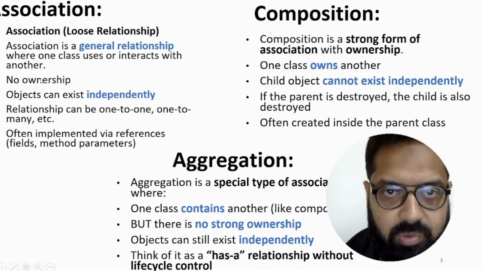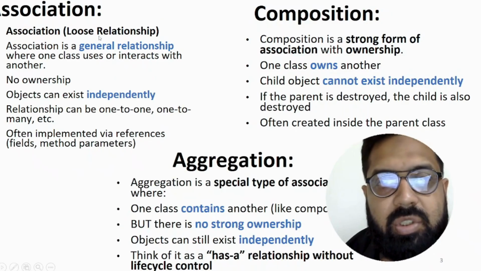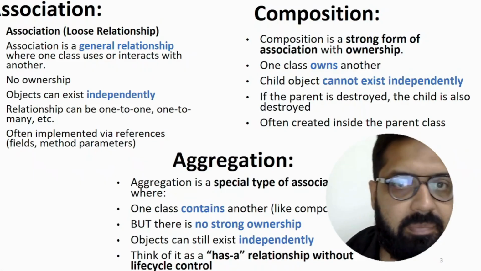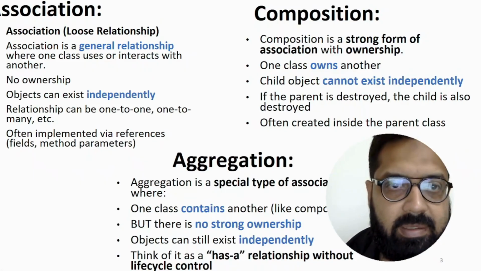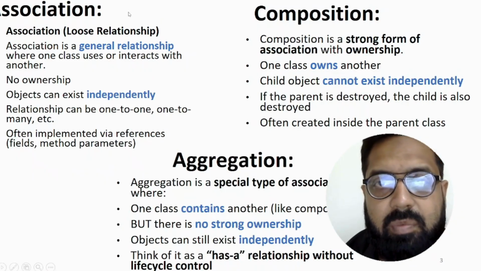So first, association is basically the first type of has-a relationship, and in association there is a loose relationship among the classes. For example, if we are using two different classes, then these classes have some type of loose relationship.